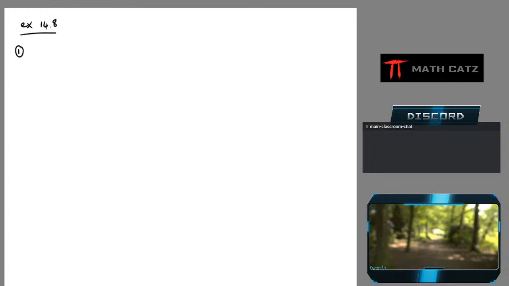Actually, I'm going to do the second one first. 2 and 5/6 times 1/4. Remember now, it doesn't matter what that second number is. It only matters what the first number is in terms of how I approach this.